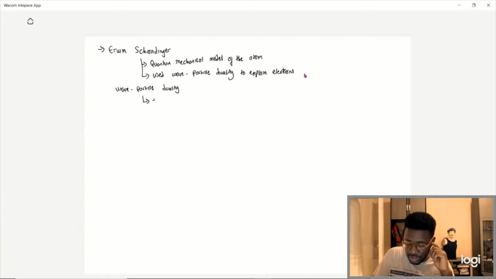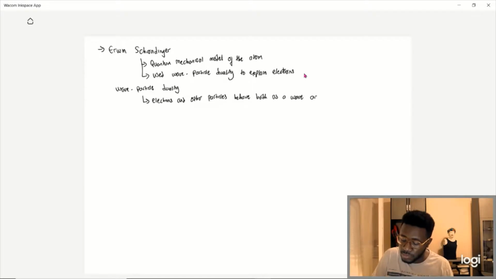So electrons and other particles behave both ways. So what does that mean?